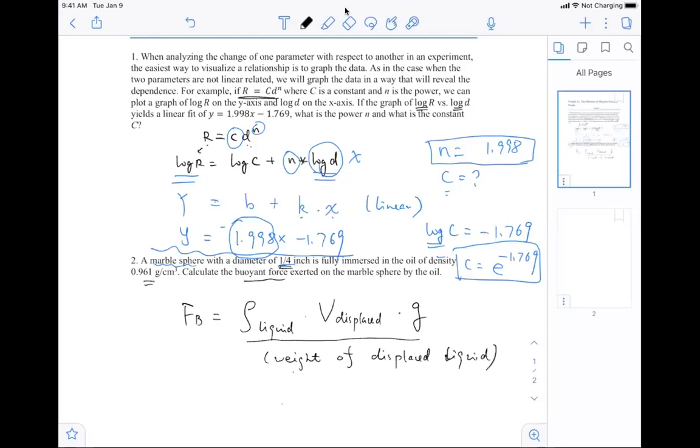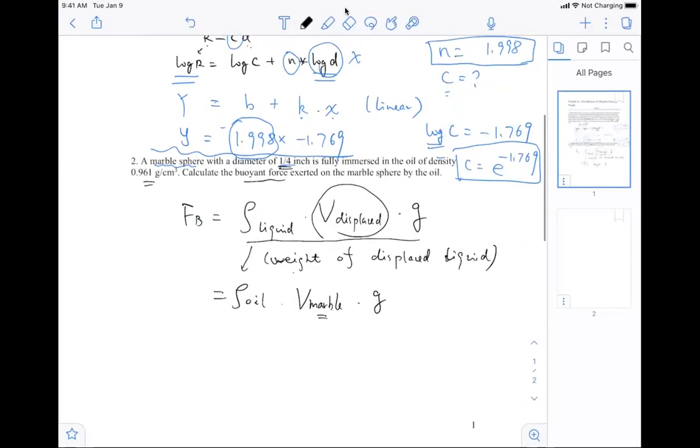So since here we are using oil, we use the density of the oil. And how much oil is displaced depends on what object you immerse in it, right? Here we put a marble in it. So the volume of the liquid is equal to the volume of the marble, times g. Oil density is given, and the volume of the marble can be calculated given the dimension.